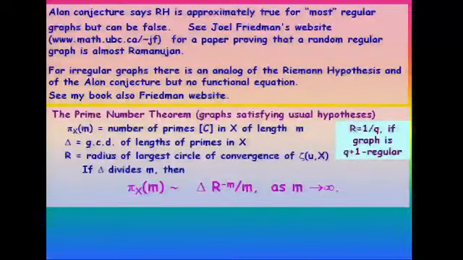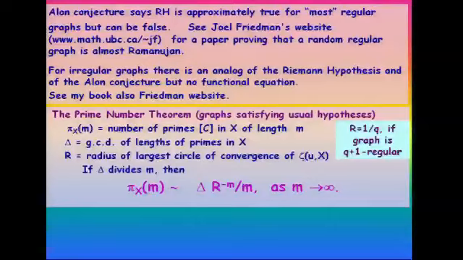I'm calling the analog of the prime counting function π_X(m) the number of primes [C], meaning I've taken the equivalence class, in X of length m. And then delta, I need that too, and that's the greatest common divisor of the lengths of the primes in X. That turns out to be something that appears in Perron-Frobenius. If you start thinking about what the definitions are, you see why.